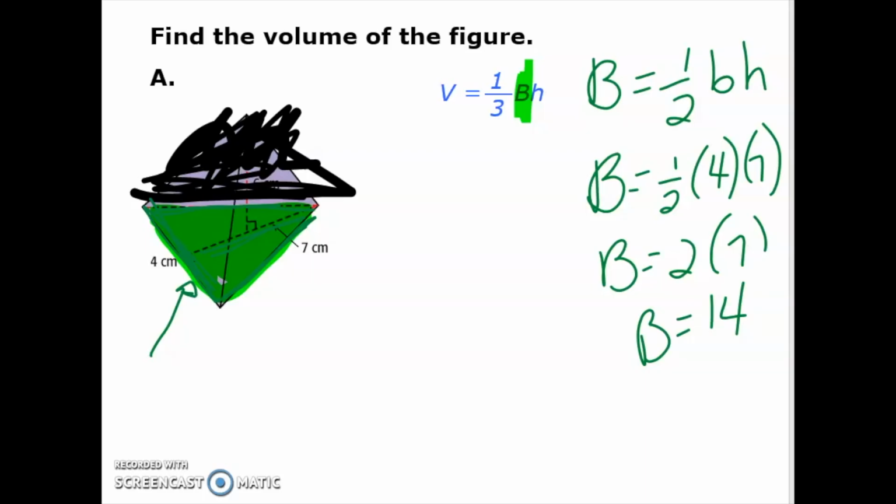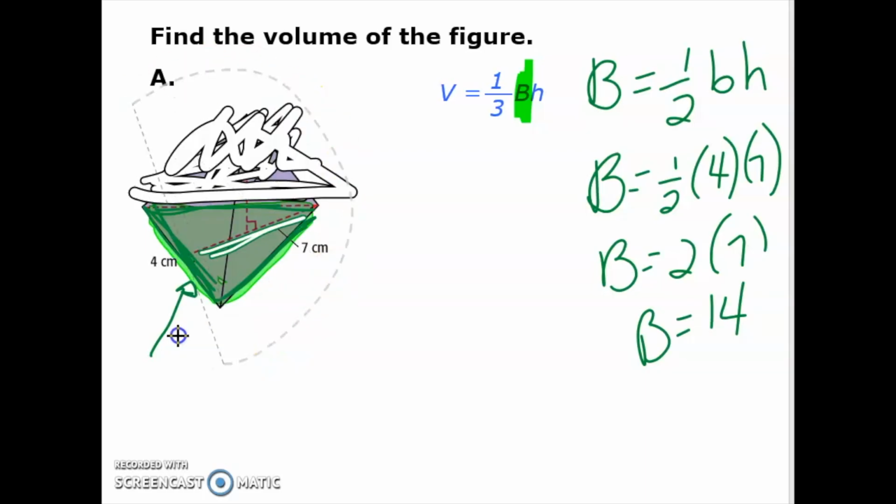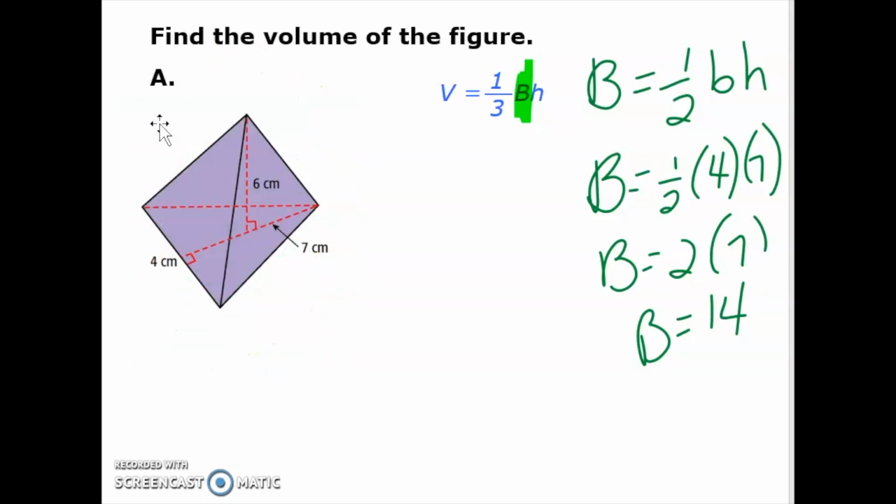That's the number I'm going to plug in for capital B. Now we plug that into our formula and continue multiplying. So now I've got volume equals 1/3 times my base area, which I just found to be 14.